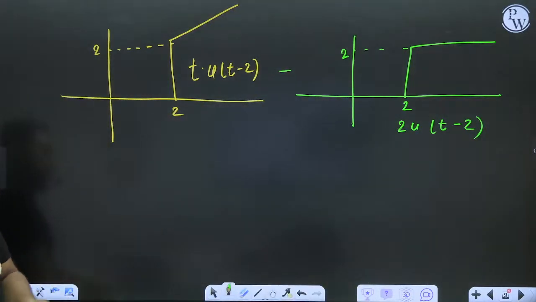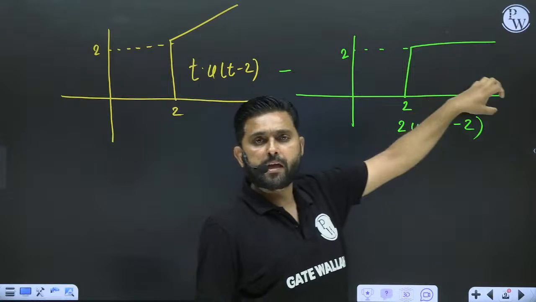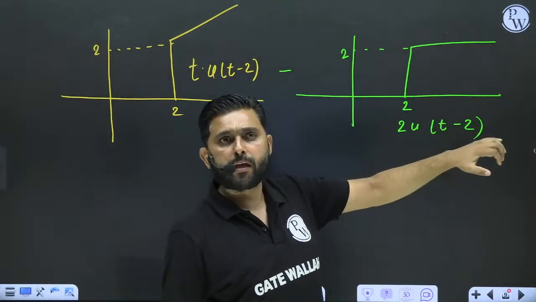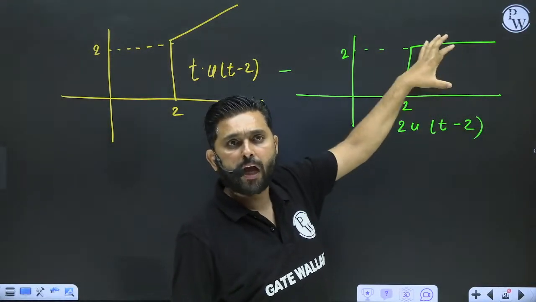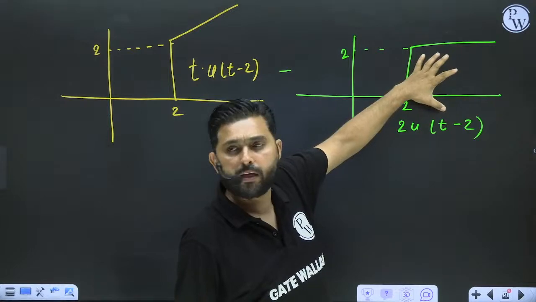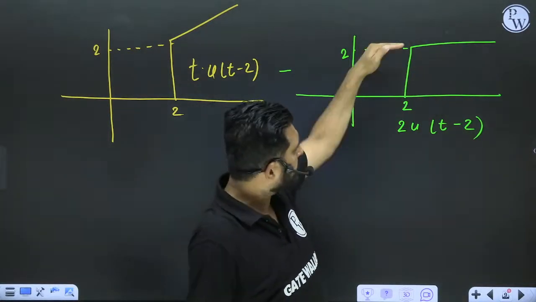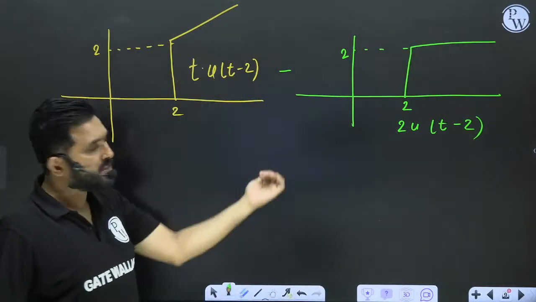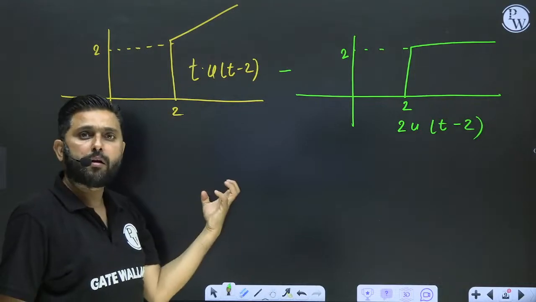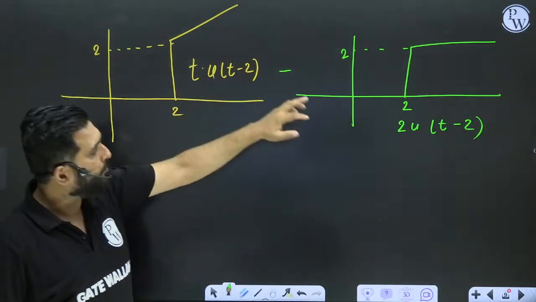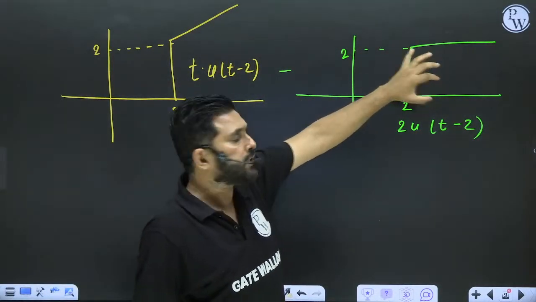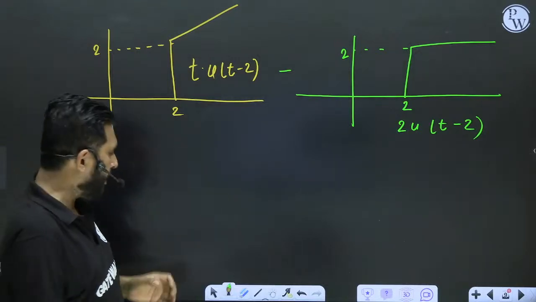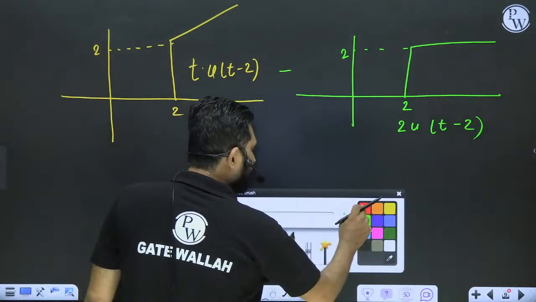Don't you think that this is a down clamping of factor 2 here? This function will pull down this function by a factor of 2. So what you will get is this one.